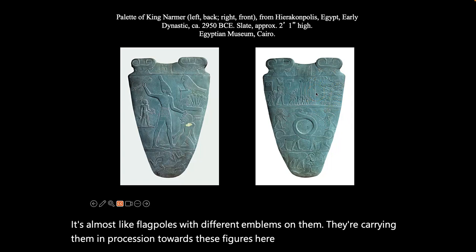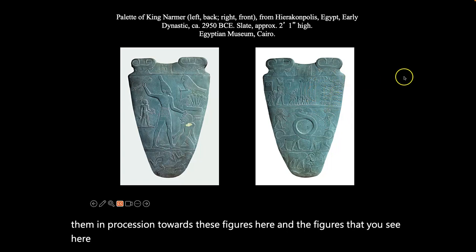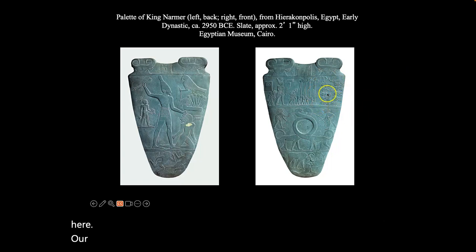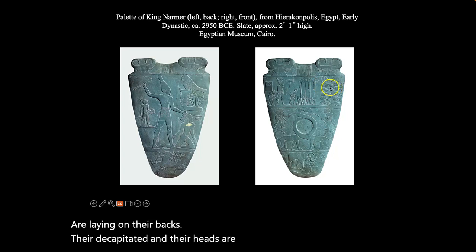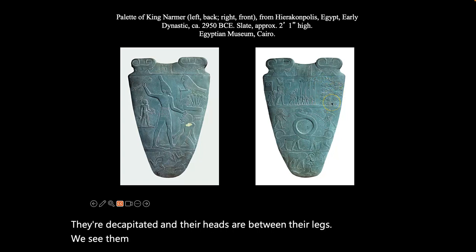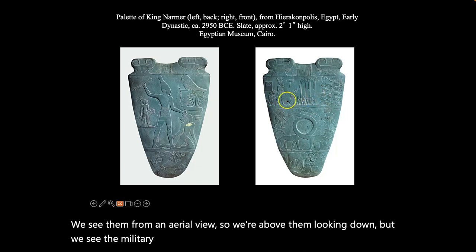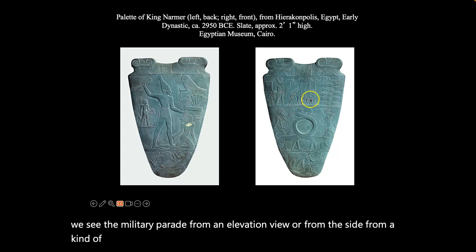And the figures that you see here are laying on their backs. They're decapitated, and their heads are between their legs. We see them from an aerial view, so we're above them looking down, but we see the military parade from an elevation view or from the side, from a kind of profile view.